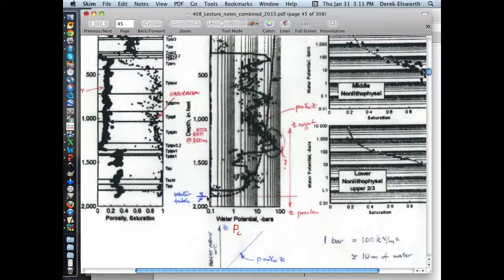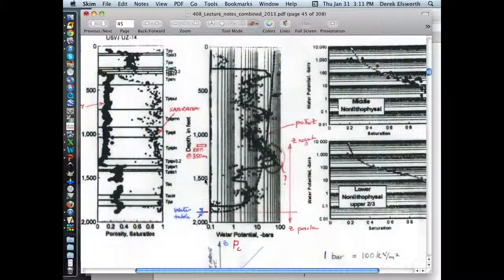Same thing. Yucca Mountain, the water table is, I think, at 600 meters below the surface, so that's about 1,800 feet. This is the ground surface here. And it looks like a shotgun blast, but perhaps you can't see very well. This is a log scale for water potential.